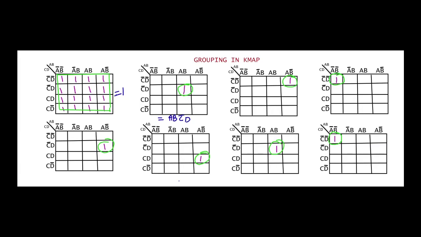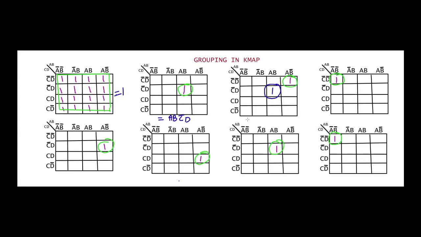And now coming to here. So here if I have one here, and for example, just consider I also have one somewhere else here. So can I group these both? No, I can't group. I should individually take this to be a separate group and this to be a separate group. Now the answer for this can be, for this one, what are the common variables you have? A, B bar, C bar, D bar.